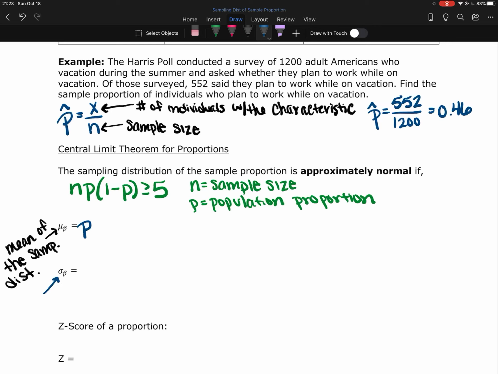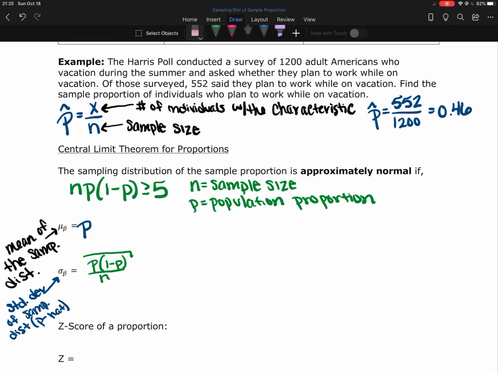And then the standard deviation of the sampling distribution. I'll also say the standard deviation of p hat a lot. That is the square root of p times 1 minus p divided by n.